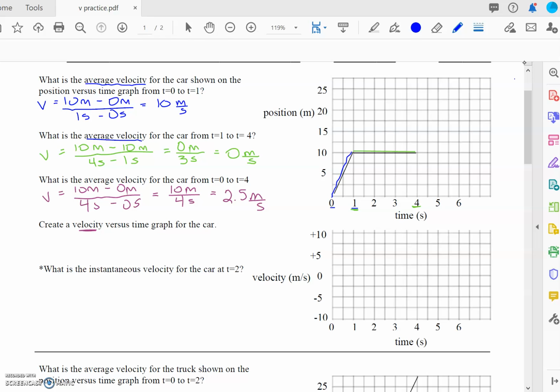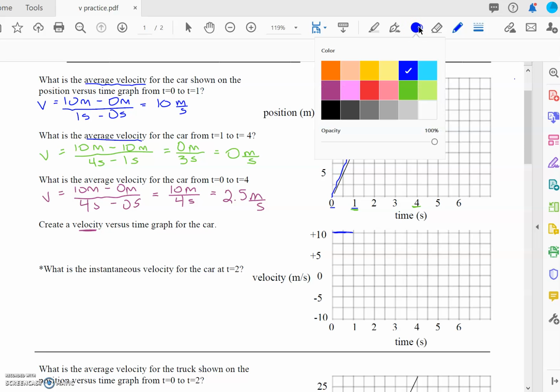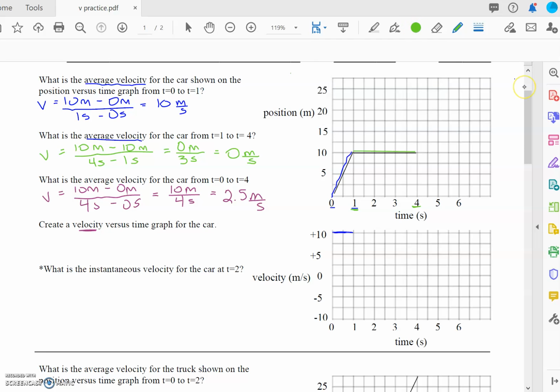That means that this car moves at a velocity of 10 meters per second for 1 second. Then we said for the second piece of the position time graph, the green segment here from 1 to 4 seconds, the velocity was 0 meters per second.